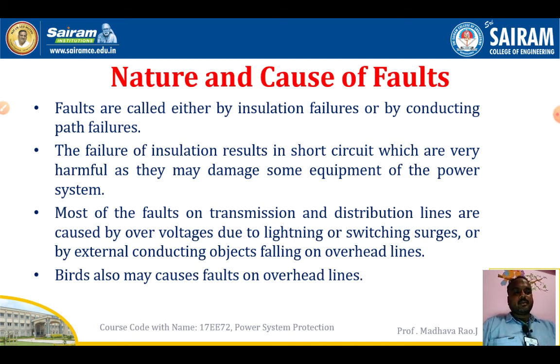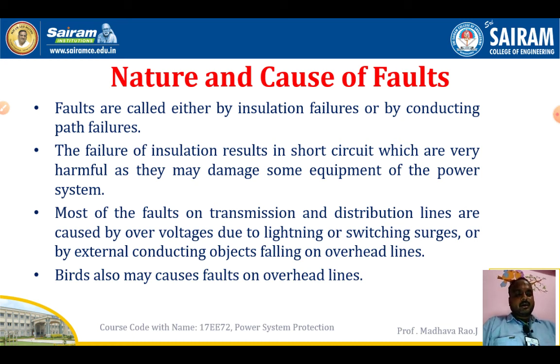For example, in rainy seasons when the wind is strong, sometimes trees fall on the lines, so the lines will break and get damaged, and then faults will occur. It may be a line to ground or line to line fault.